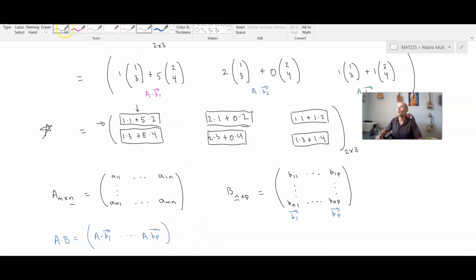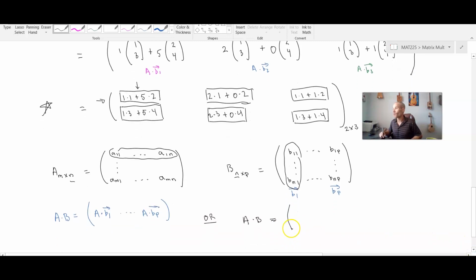Or another way to think about this, we could say that A times B is really just all of these elements right here multiplied by all of these elements right here and added together. And that's exactly what we did right up here. So how would that look? Well, that would begin to look something like this.